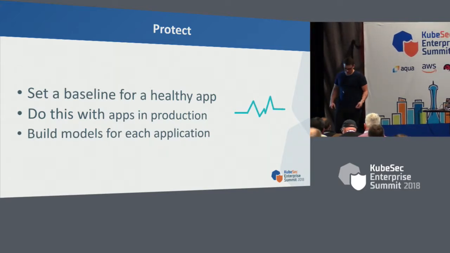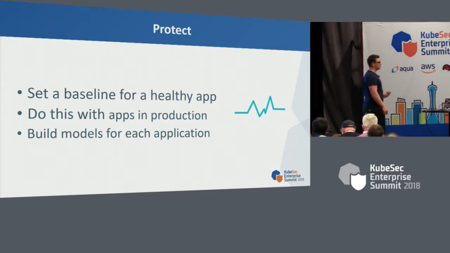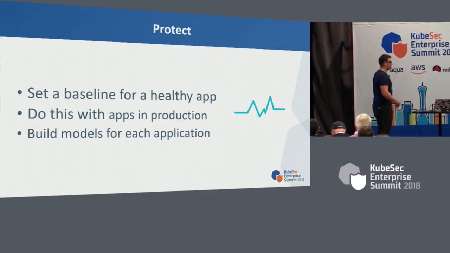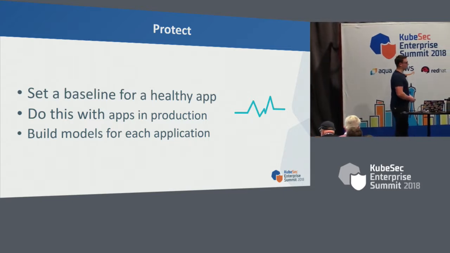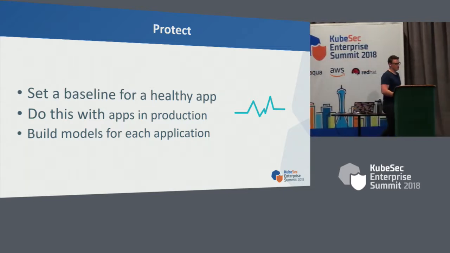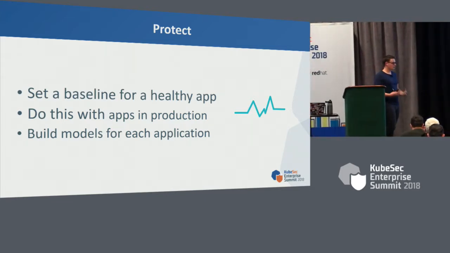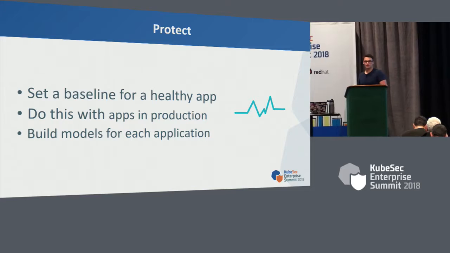Now that you have these tools and you've thought about these tools and you've implemented them, you're starting to set a baseline. What I was talking about before, those machine learning based tools that are going to go through and pay attention to all the syscalls that are going on, pay attention to all the network calls, and create that model for your application, that machine learning model for your application.